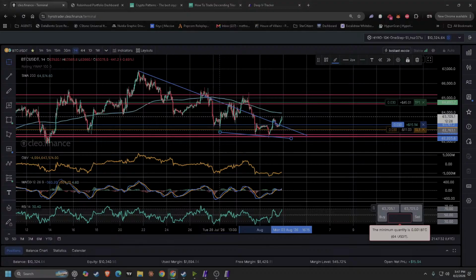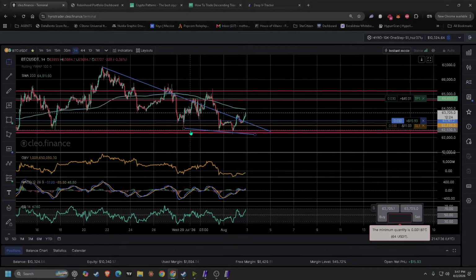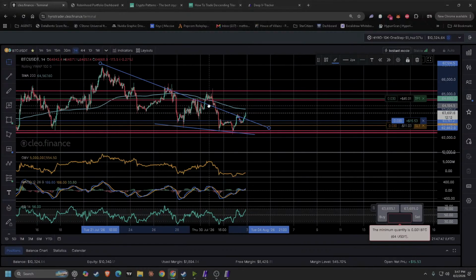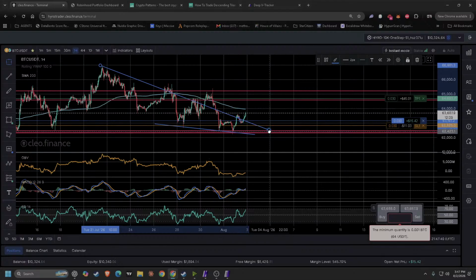And what time was this right here? 1300 yesterday. So yeah, we were basically playing this pattern. I'll show you right here. This needs at least 2 touches on each side.